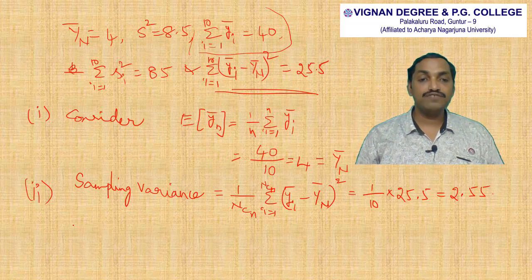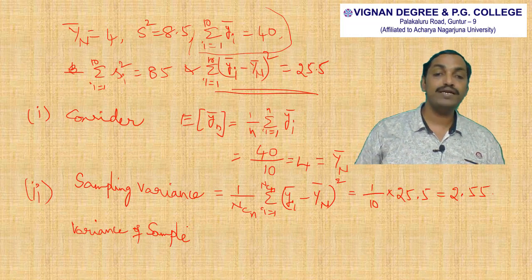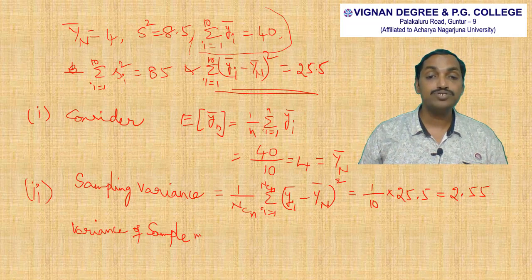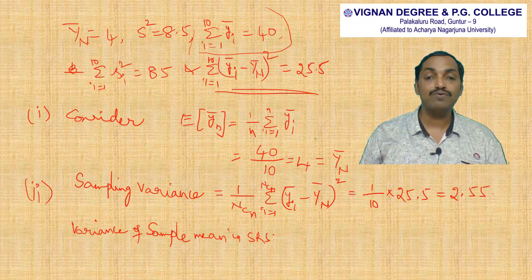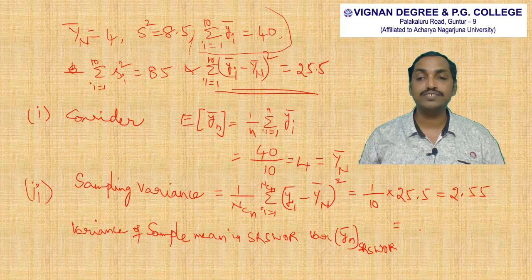Now variance of sample mean. Here we had drawn all the samples using simple random sampling without replacement. So we need to calculate the variance of sample mean in simple random sampling without replacement. So that is variance of Yn bar, and the formula for this is capital N minus small n divided by small n into capital N into capital S square.